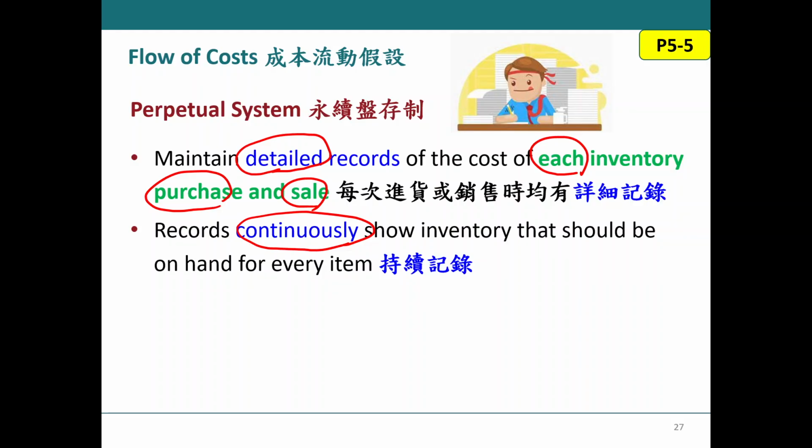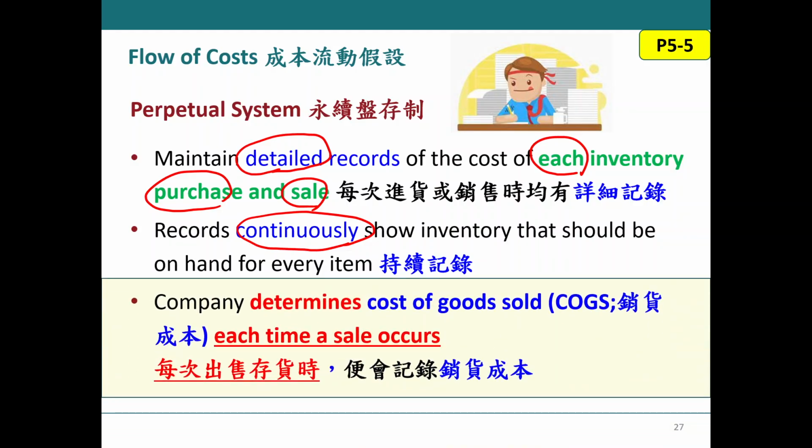So which one is the difficult part? Cost of goods sold, 销货成本. How to get the number for cost of goods sold? Chapter 6, the whole chapter tells you how to get the number. So that's why cost of goods sold is the difficult part.